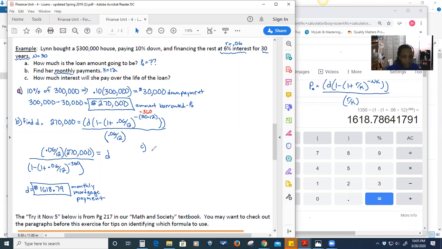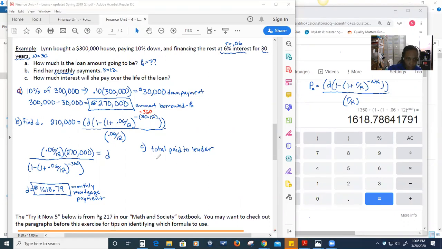So the calculation is the same though. To figure out the interest, we have to take the total paid and subtract away the original amount borrowed. So let's first figure out the total that she paid. To the bank, to the lender.